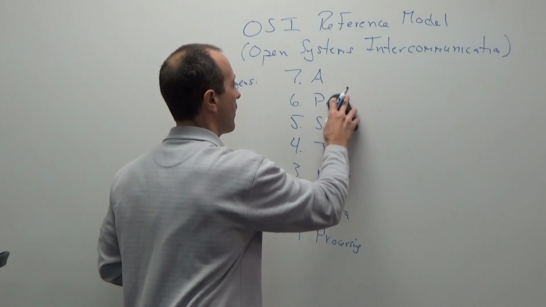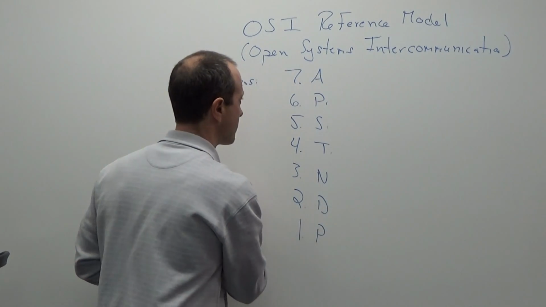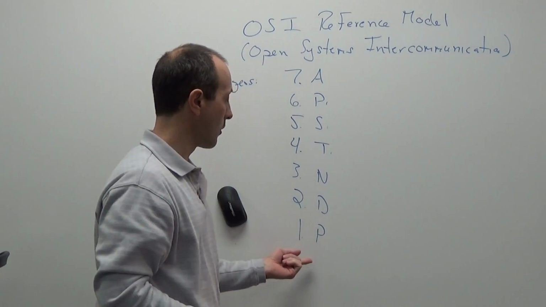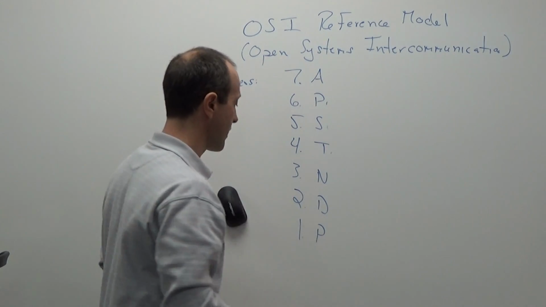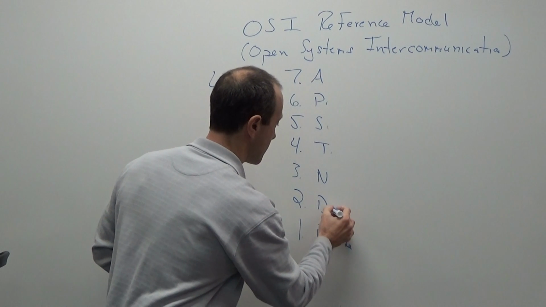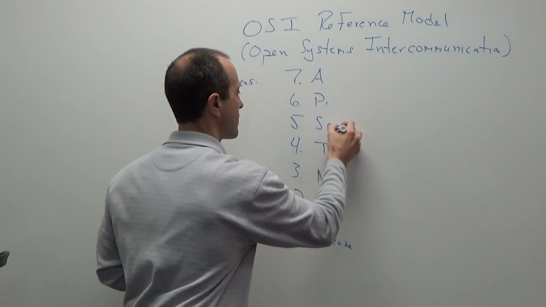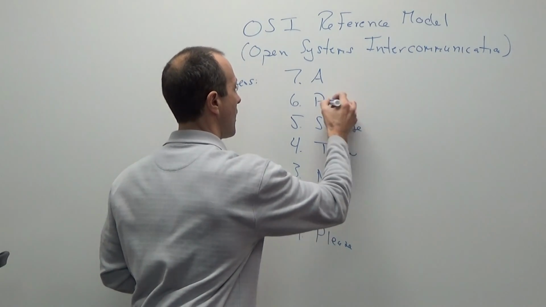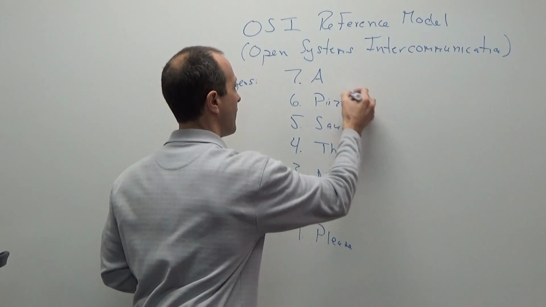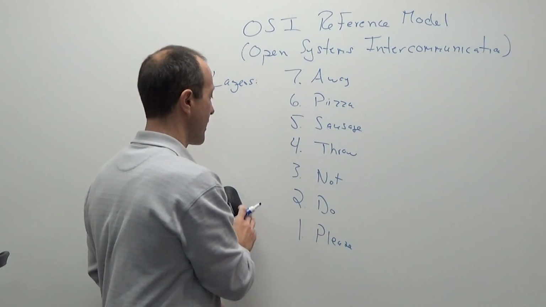Let's go the other way. The other way, going from layer 1 to layer 7, is please do not throw sausage pizza away. Please do not throw sausage pizza away.